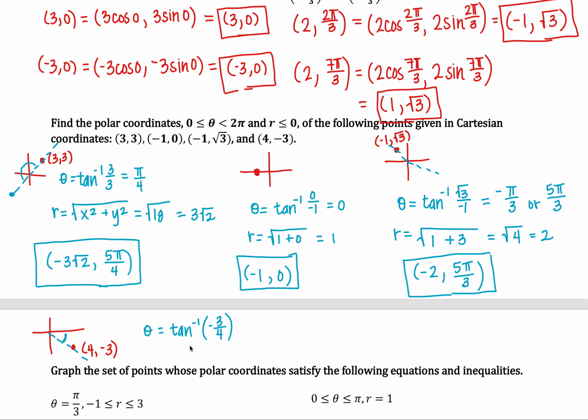So just keep that in mind for a second. We're going to have to do a little adjusting to this in a minute. Let's now find r. r is equal to the square root of x squared plus y squared. So that's going to be 16 plus 9. So r is equal to the square root of 25, or 5.